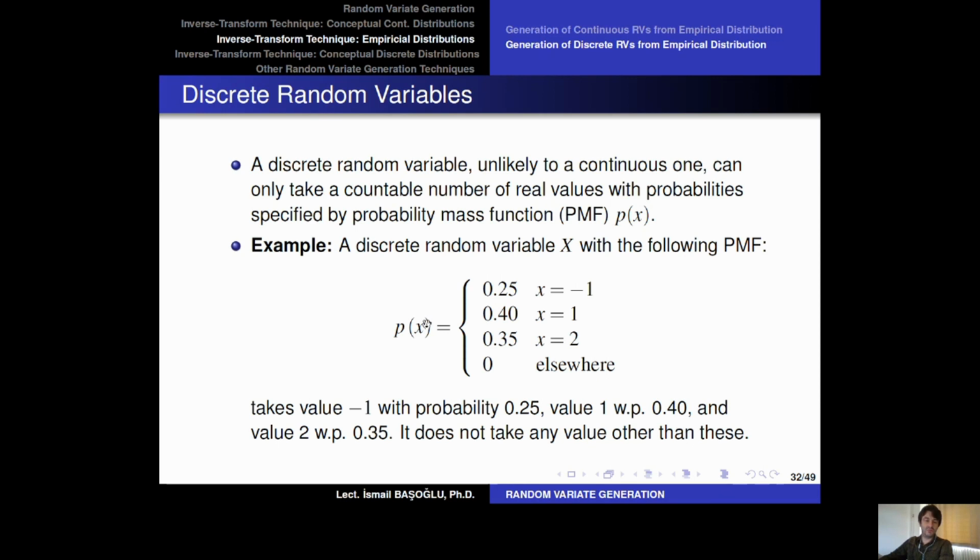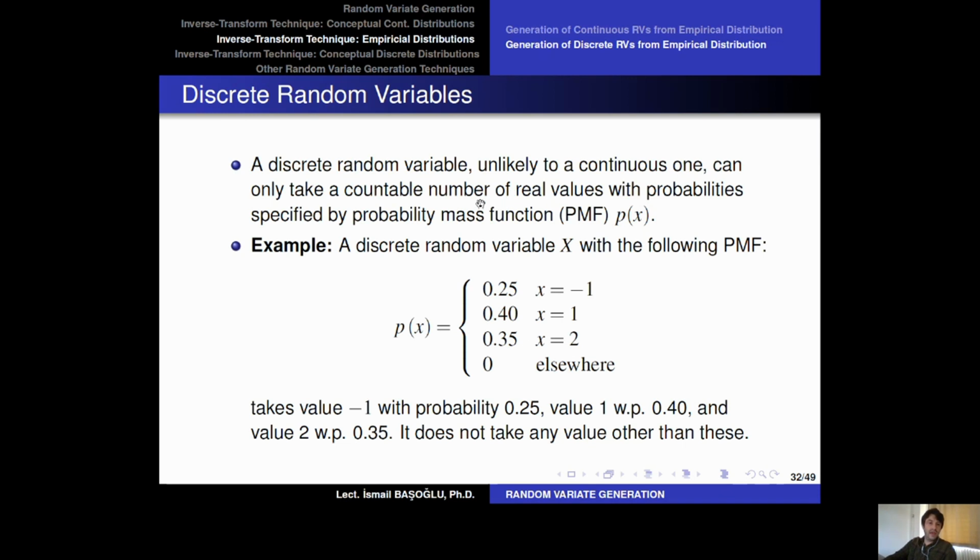For example, in this probability mass function, the random variable can only take three possible values, -1, 1, and 2, with these probabilities, and this probability mass function does not follow any known discrete probability distribution.